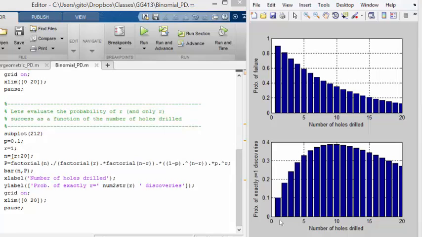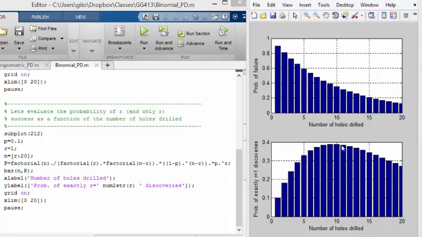You would think that the more holes we drill, the more likely we are to succeed. So why is that? If you want, you can pause the video and think about it for a little while before I tell you the answer. But the reason it starts going down is this is the probability of finding one and only one discovery.